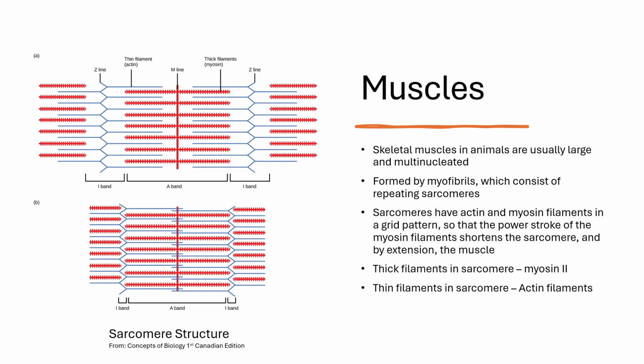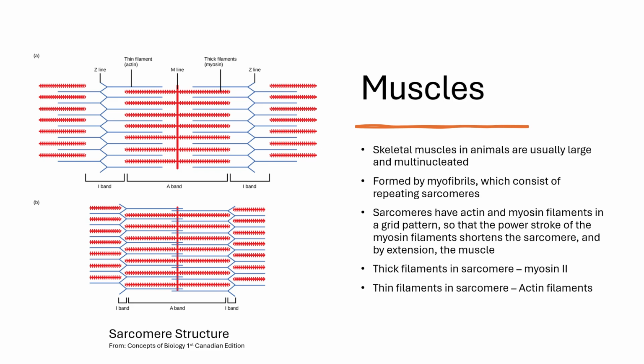And this makes the power stroke, which I'll talk about here in just a second, pull the actin towards the center, shortening the specific sarcomere, which in turn shortens the muscle that it's a part of. The thick filaments in the sarcomere are myosin II, and the thin filaments are actin.